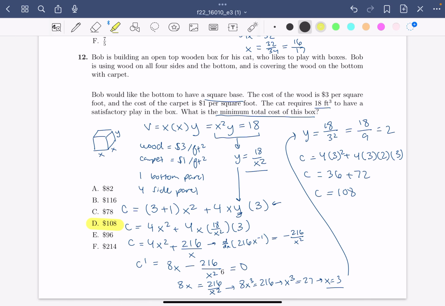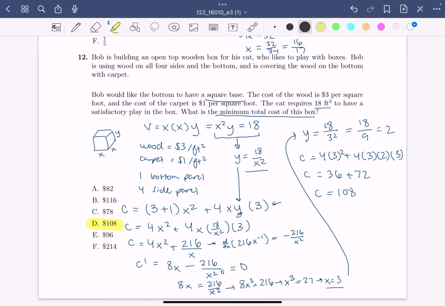So that was a big mouthful, but essentially what we wanted to do was create a system of equations where one is the volume of the box, because that is one constraint, and the other is the cost. We drew a picture to figure out the different panels and how much each panel would cost, and then added it all together.